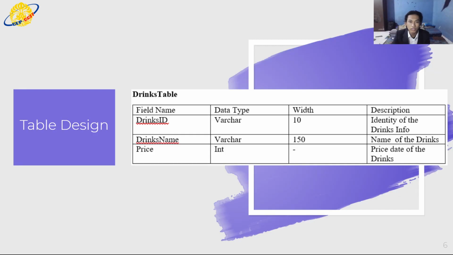And in here we have drinks table, with field drinks ID, data type varchar with limit 5, to use identity of the drinks ID, and drinks name, data type varchar with limit 15, to use name of the drinks, and price, data type int, to use price of the drinks.